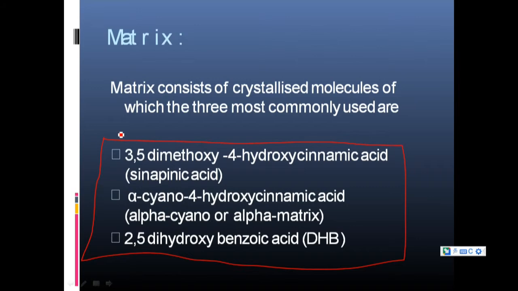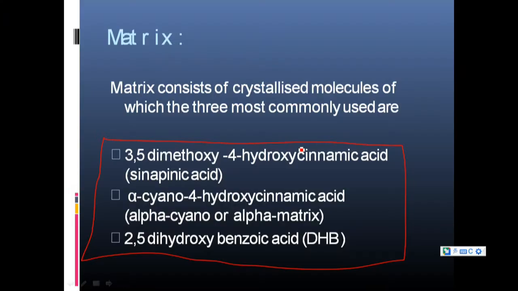Definitely a question from this area will be the most prevalent one in your terminal examinations. What materials are used as matrix in mass spectrometry? Don't forget to write 3,5 dimethoxy 4-hydroxycinnamic acid, alpha cyano 4-hydroxycinnamic acid, 2,5 dihydroxybenzoic acid.